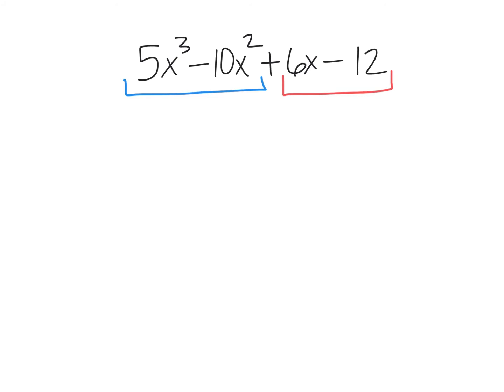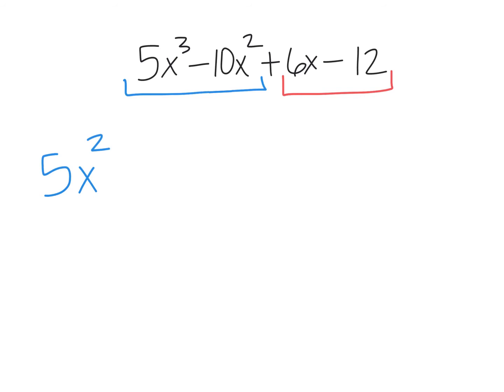I want to find the factors, or the things that I can pull out from this blue section, this group number 1. I notice that these first 2 terms are divisible by 5. I also know that they both have x's. And the largest x value that I can fit into both of them is an x squared. So 5x squared fits into here and into here. We call this the greatest common factor. This is one factor.